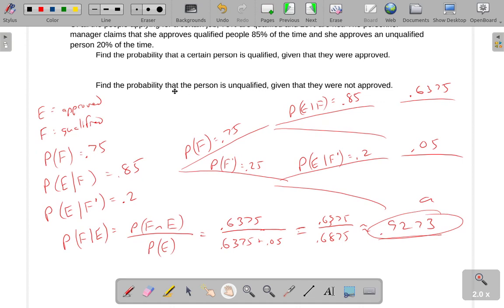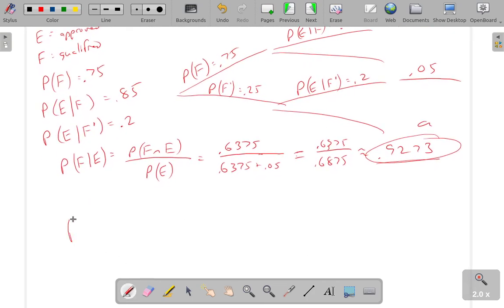Let's find the probability that the person is unqualified given that they were not approved. So the probability that they were unqualified, in other words F complement, given that they were not approved, in other words E complement. On this one, I'm going to need F complement intersect E complement divided by the probability of E complement.